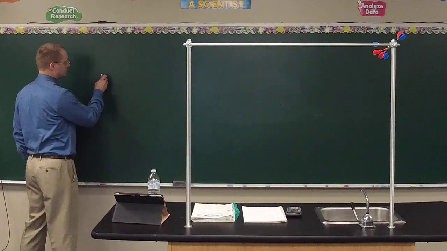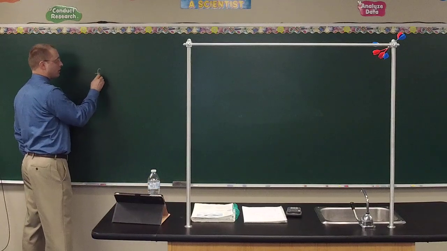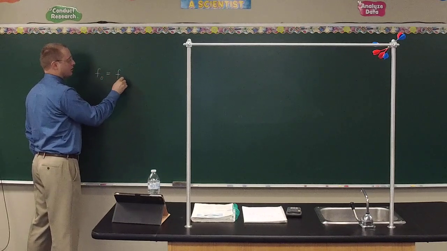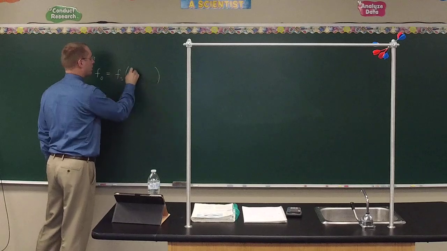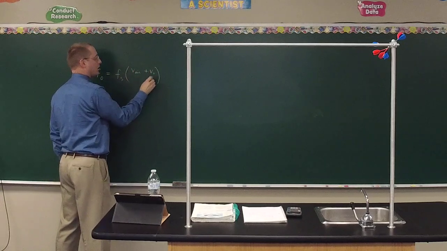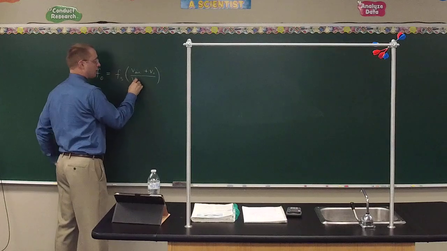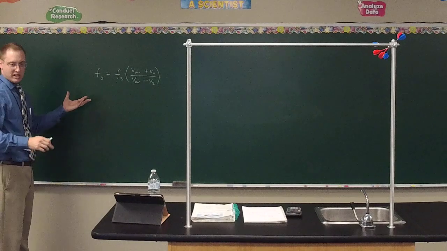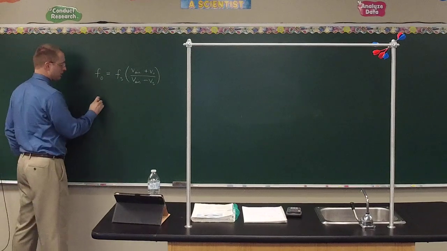Audrey? F sub O equals F sub S times V sub air plus V sub O over V sub air minus V sub S. How do we find this V sub air, the speed of sound in air? Kendall?